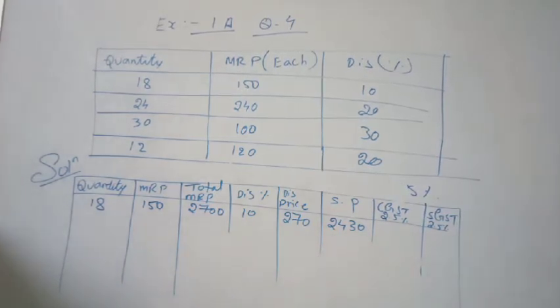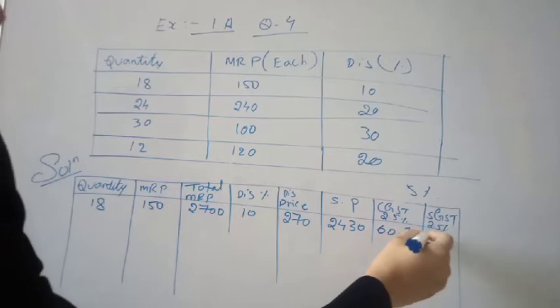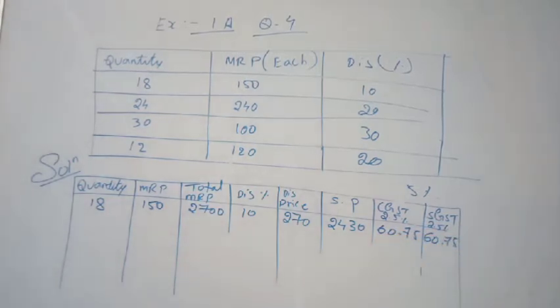So on the selling price, 2430 into 2.5%, you will get 60 rupees 75 paisa as CGST and SGST. So this is one item.